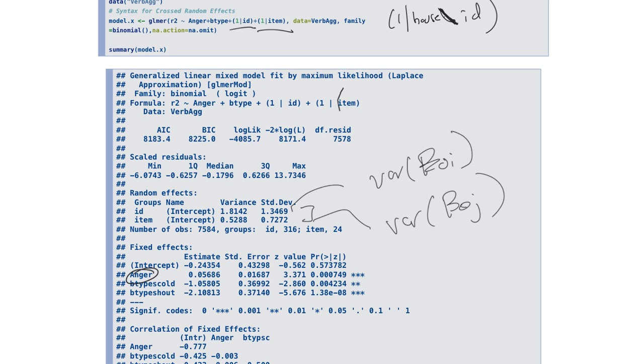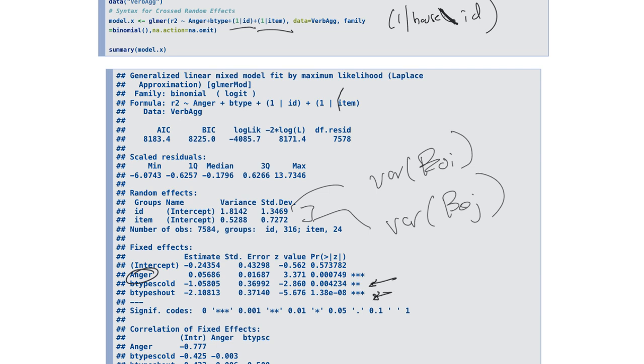And behavior type has 3 levels. One is the behavior type of the person in the stimulus they're given, the image. It's like they're cursing, they're scolding, or shouting, and cursing is the baseline. So this is the coefficient on the scold dummy variable, and this is the one on the shouting, and they're both comparing.